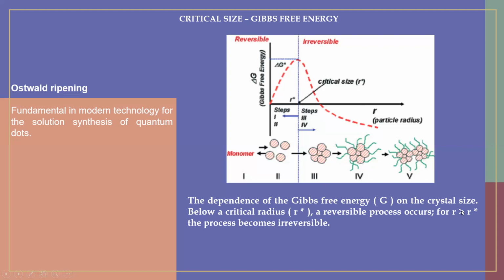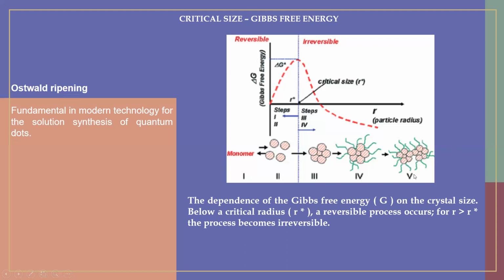If R is greater than R star, if the radius of the nucleus is greater than the critical radius, it is an irreversible process. That means the nucleus does not return to its original monomer form, but grows further and forms a crystal.